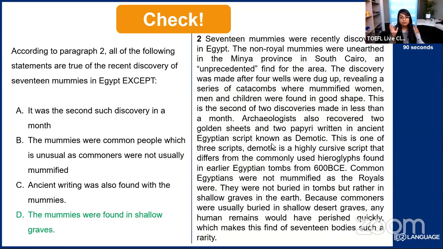And D says the written language was found in shallow graves. It doesn't really say that, does it? It doesn't say that anywhere. It just says that the wells were dug up, and that usually they used to bury commoners in shallow desert graves, but it doesn't say that these mummies were found in shallow graves. So that's the correct answer.